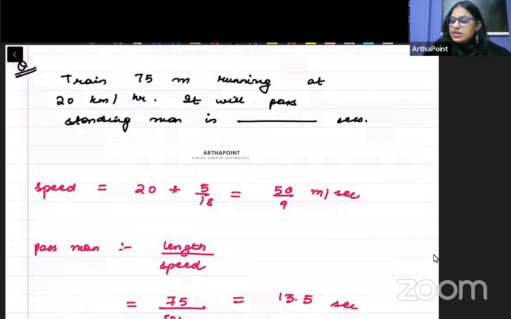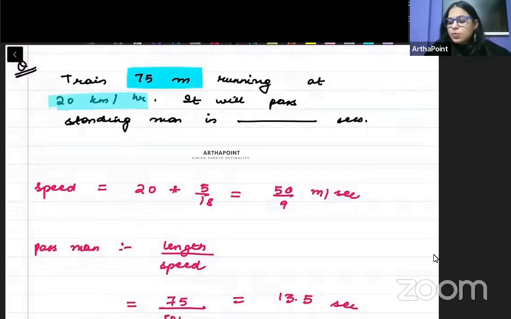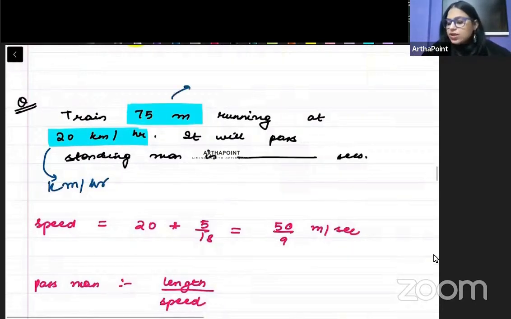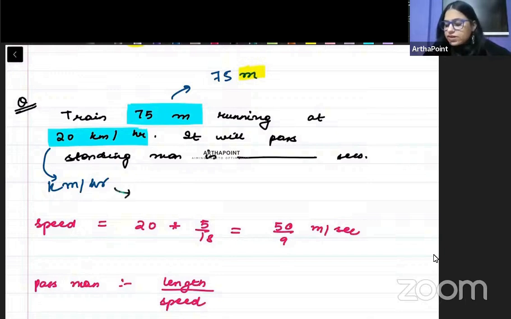This says a train is 75 meter long, running at the speed of 20 kilometer per hour. So notice very carefully, beta. The speed which is given is in kilometer per hour, but the length which is given is in meter. So since the length is in meter, first of all, I have to convert this into meter per second.